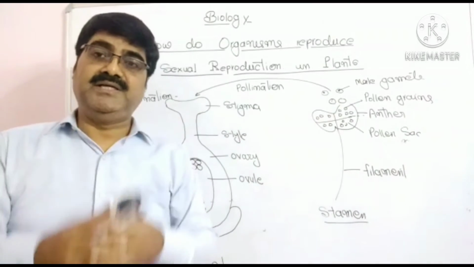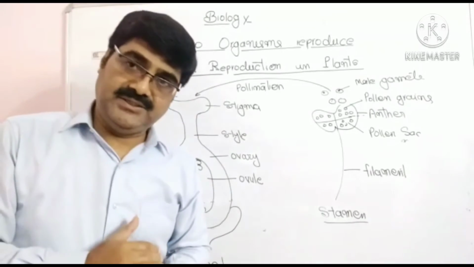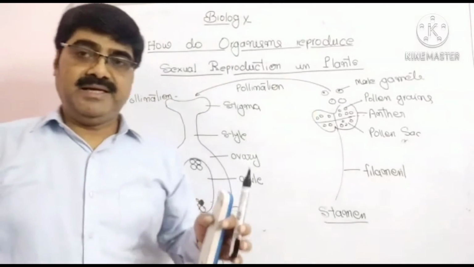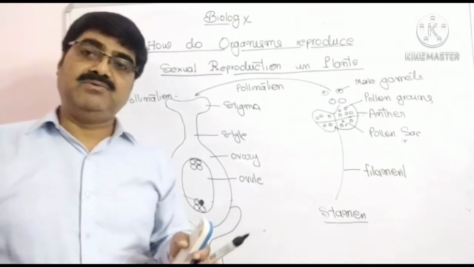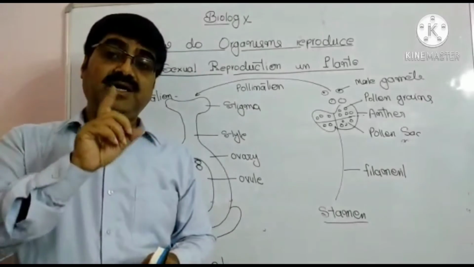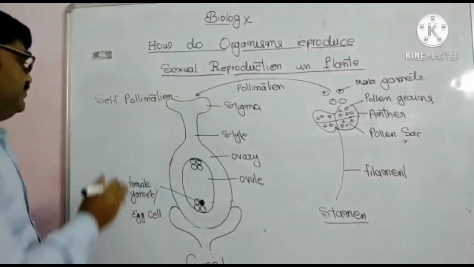This is self-pollination, and there is no need of any agent. Transfer of the pollen grains from the anther of one flower to the stigma of the same or another flower of the same plant. This is self-pollination.